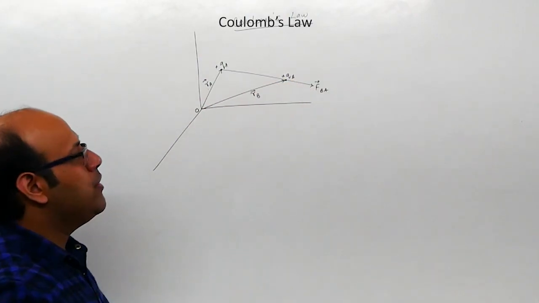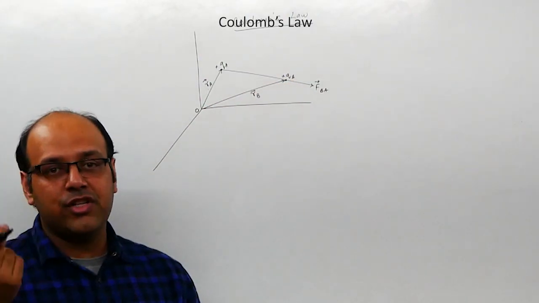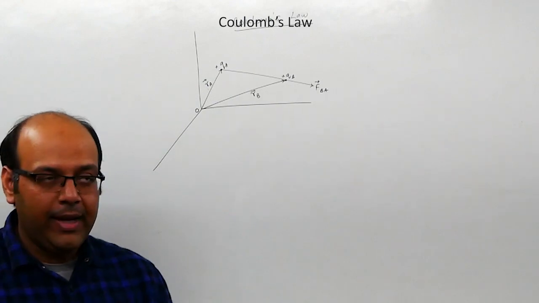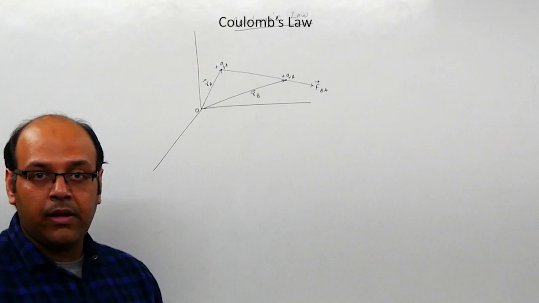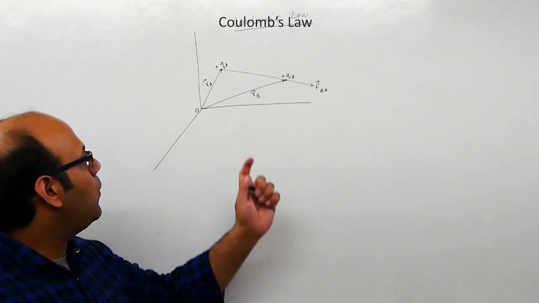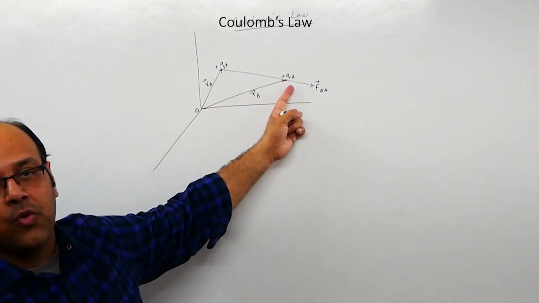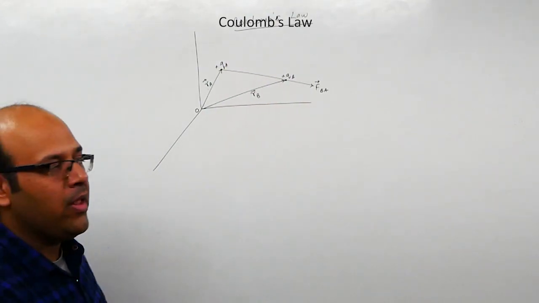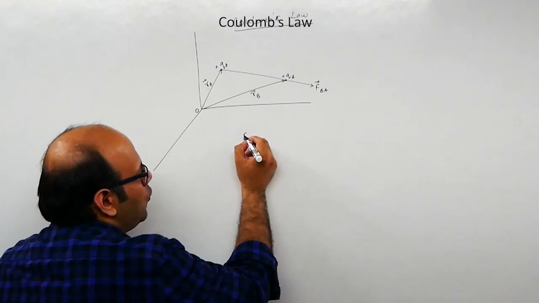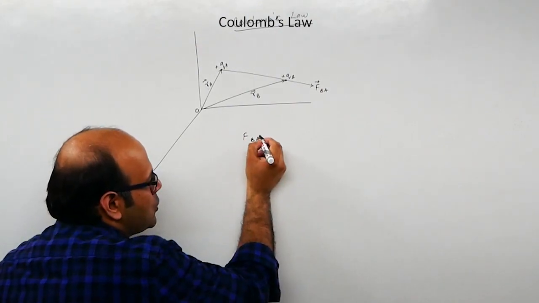So this is a positive QA and the second charge is positive QB. I need to find the force which QA exerts on QB. Since they both are positive, they will repel.